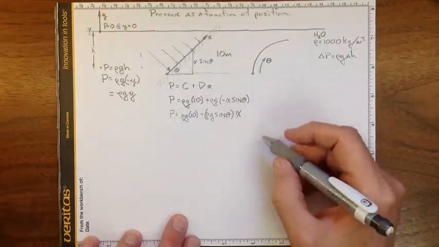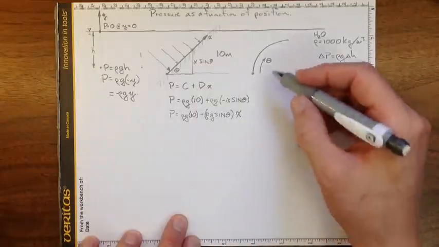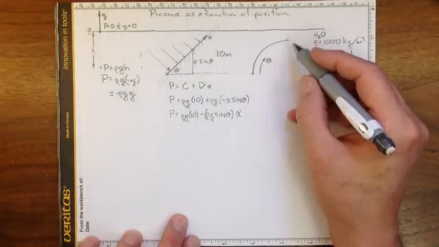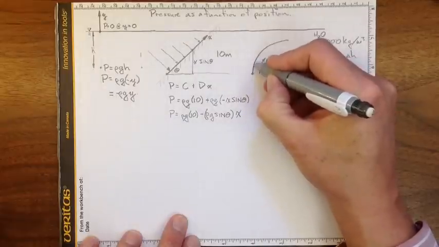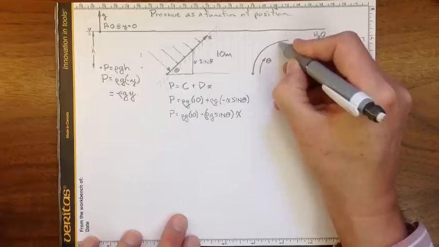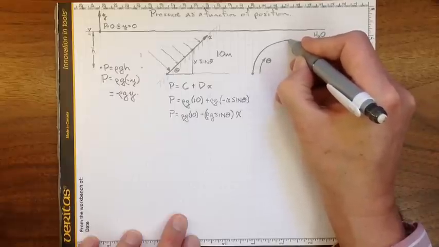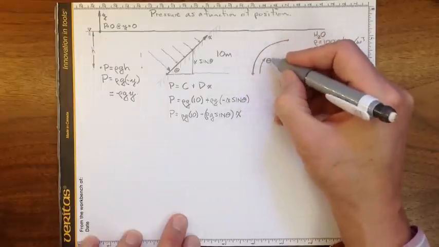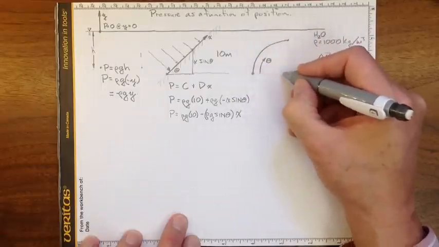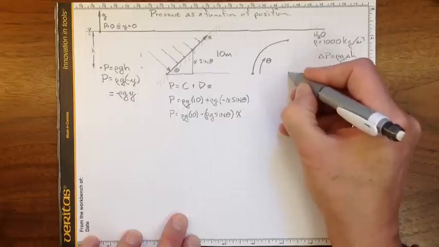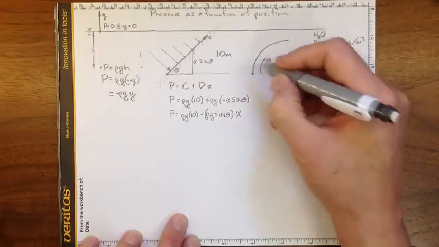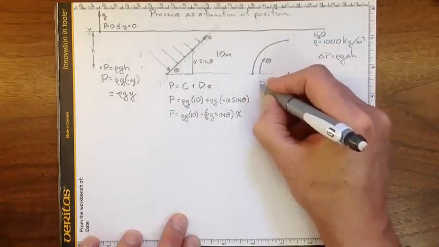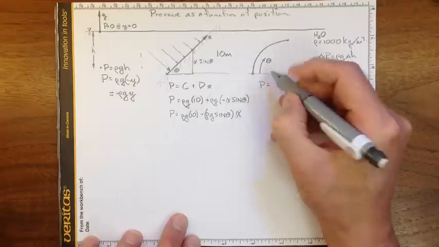If things get a little more complicated, we may want to be a little more careful about how we align our control surface with our coordinate system. If I've got a cylindrical surface like this, it might be a curved gate that's cylindrical, and I want to know what the pressure is on the surface of that gate, I could do it in terms of position theta. So I could start off, I'm still at 10 meters down here, so my pressure is going to be at 10 meters down when theta equals 0.